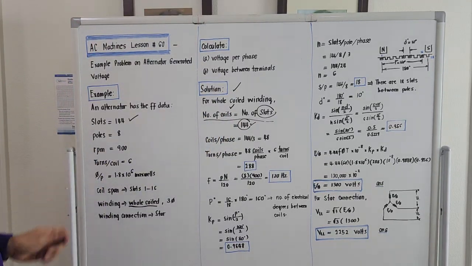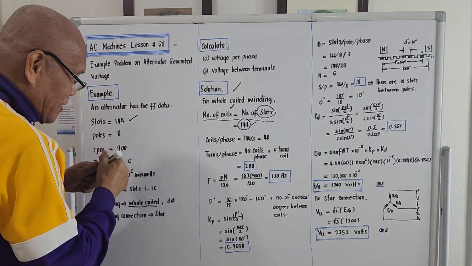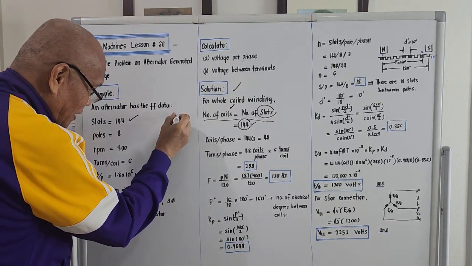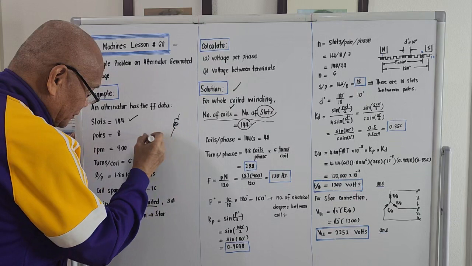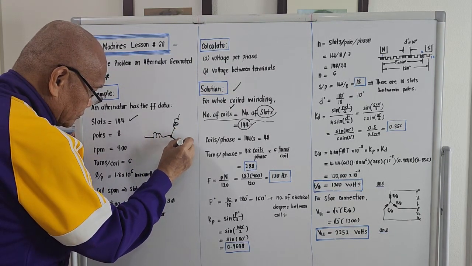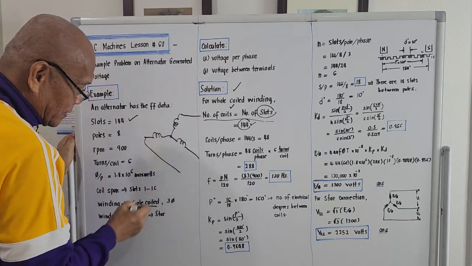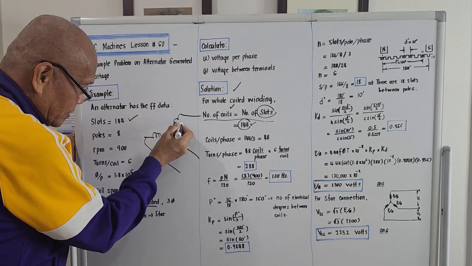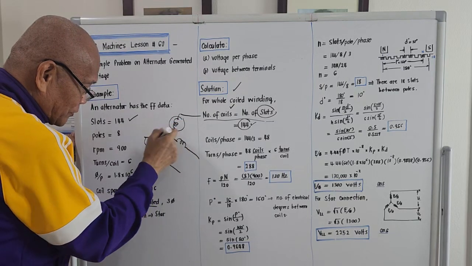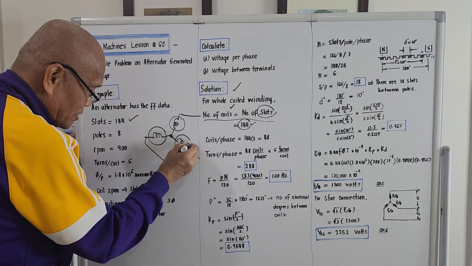Let's try to compute for the coils per phase. These are the total number of turns for this phase here, and so with this, and so with this.